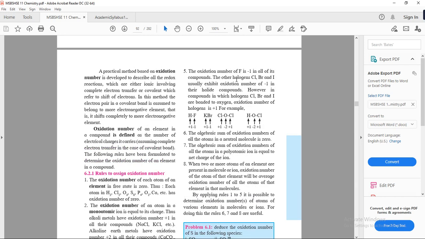Okay, so the oxidation number of F is -1 in all its compounds. The other halogens, chlorine, bromine, iodine, usually exhibit oxidation number -1 in their halide compounds. However, in compounds in which the halogens chlorine, bromine, iodine are bonded to oxygen, the oxidation number of the halogen is positive.